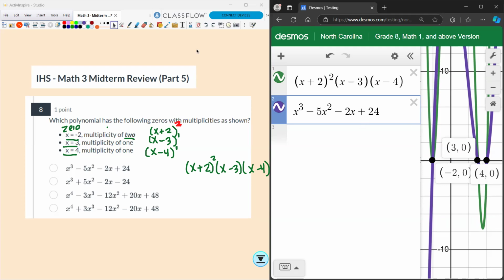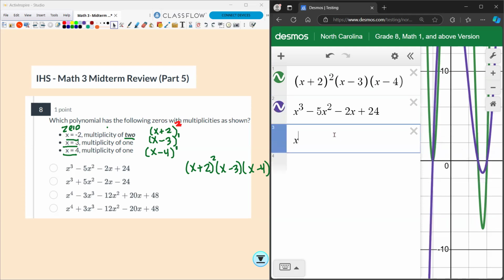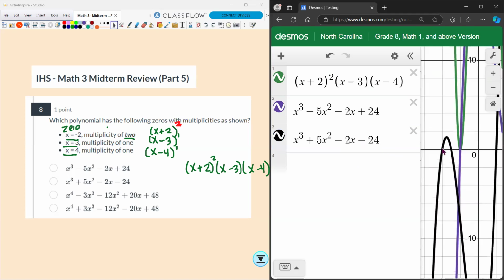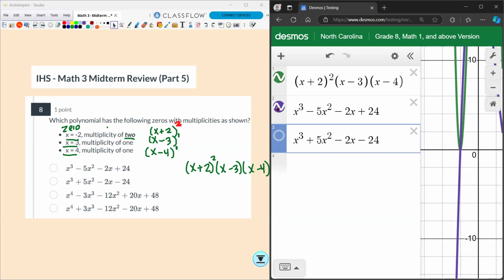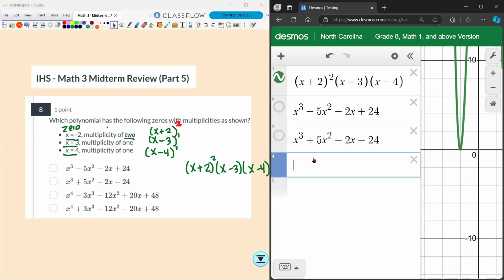We can go through the other ones. X cubed plus 5x squared minus 2x minus 24. And that gives you the wrong zeros, -4, -3, and +2. So that's not going to be your answer. Let me hide that. We'll hide that as well.